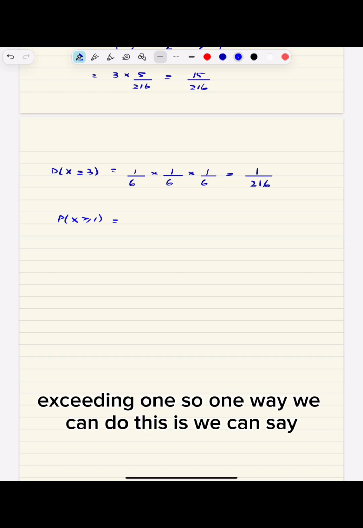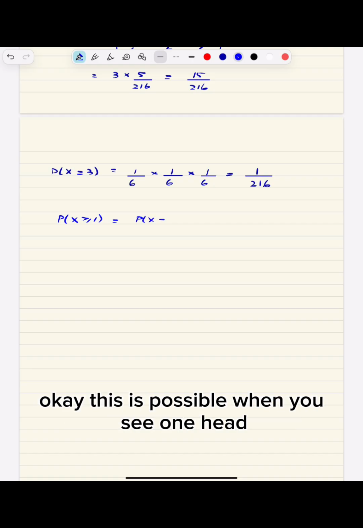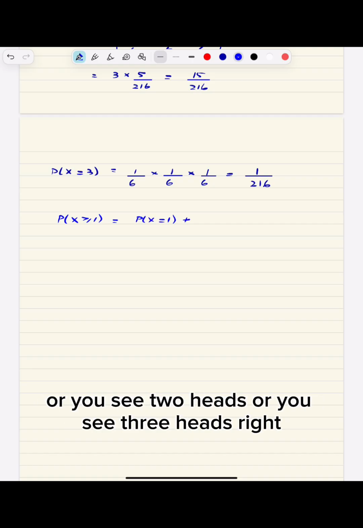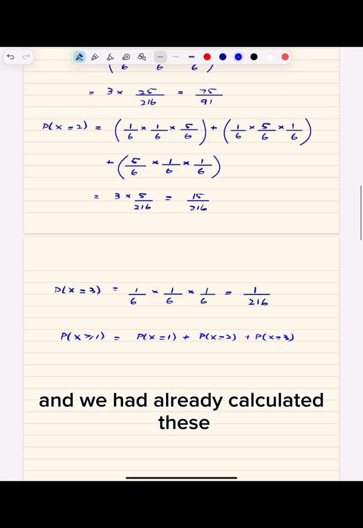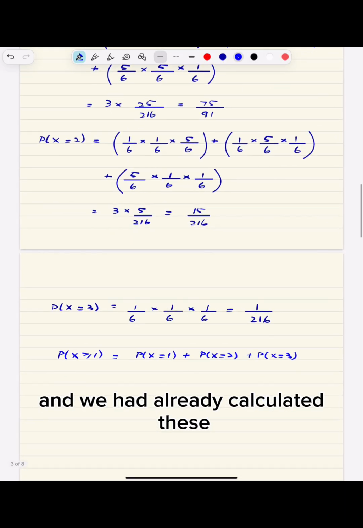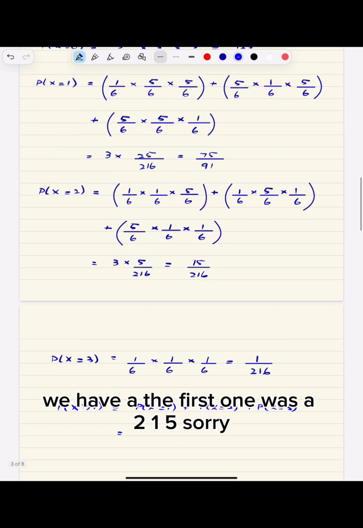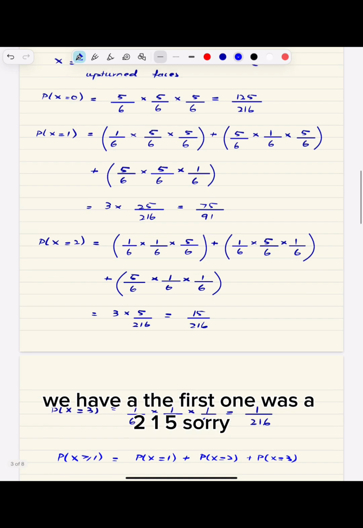So one way we can do this is we can say, okay, this is possible when you see 1 head, or you see 2 heads, or you see 3 heads, right? So this is one way you can do this, and we had already calculated these.